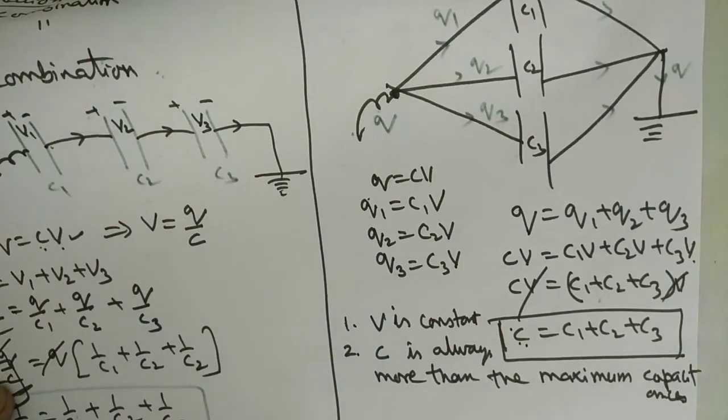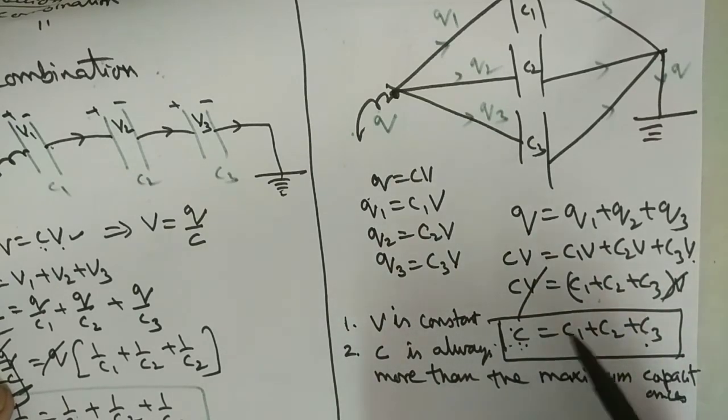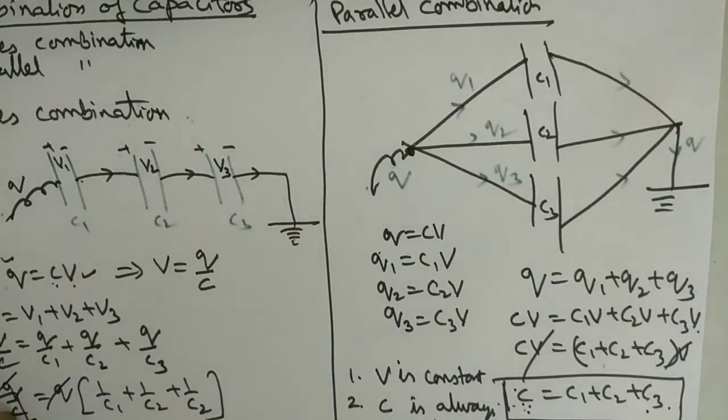And third is a definition: the resultant capacitance is always equal to the sum of the individual capacitances. So this is the parallel combination and the series combination.